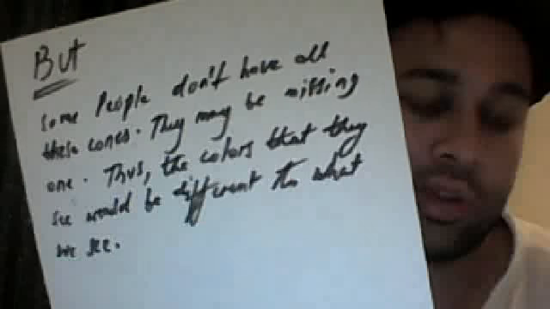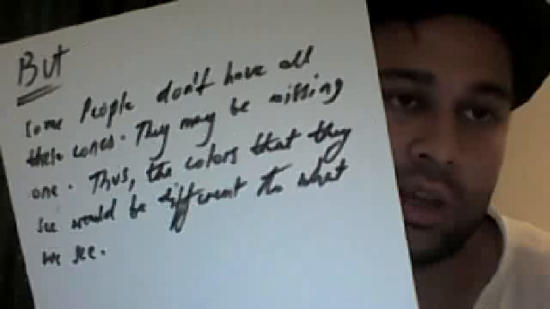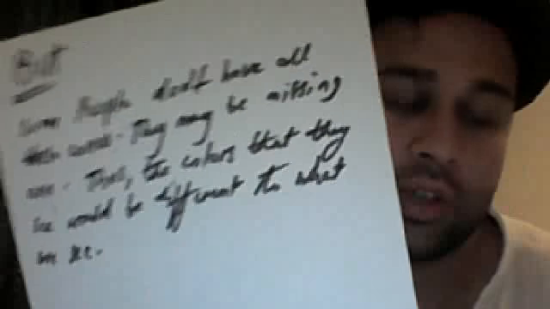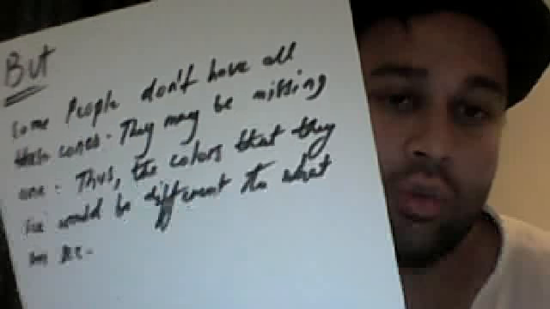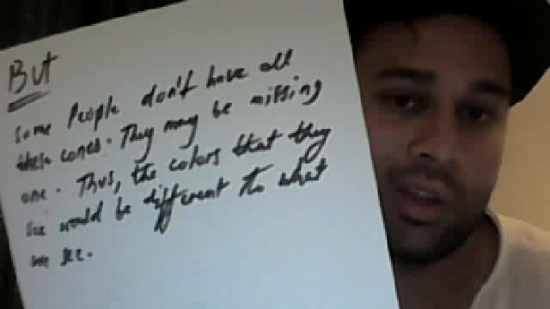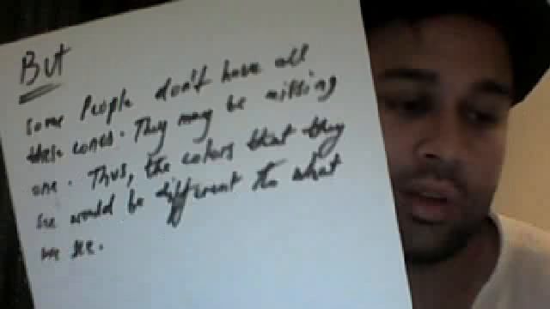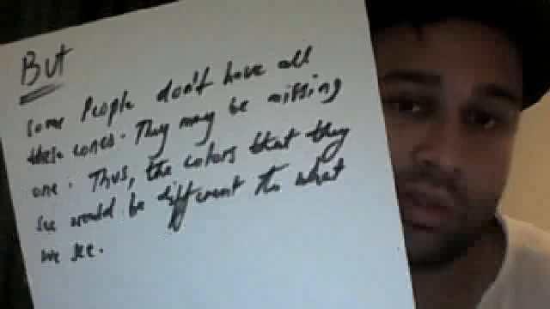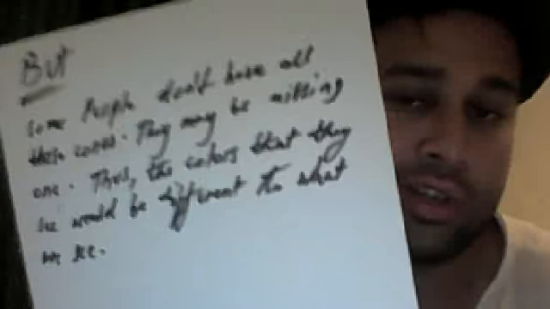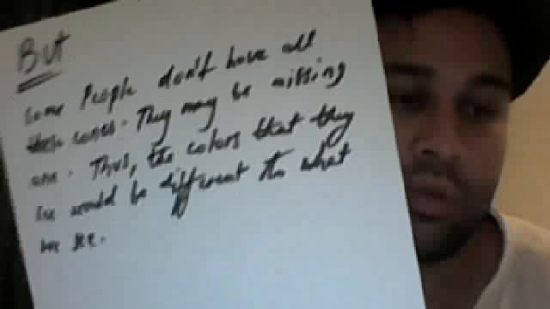If someone has, in our previous analogy, 2 antennas compared to 3 antennas, then the system of detecting color will be poorer than somebody with 3 antennas. And therefore, the colors that we see in an object would be different to what they see, because their mechanism is not the same as ours. If the detection system is different, then so is the result of what we see.